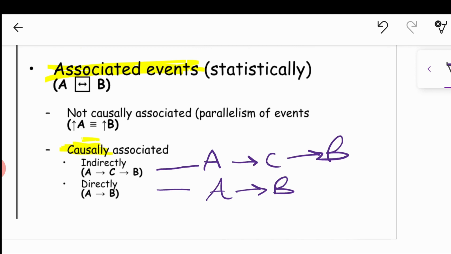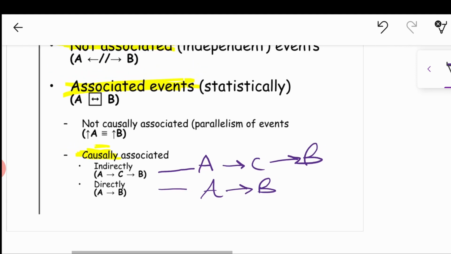However, not causally associated can be a statistical association.